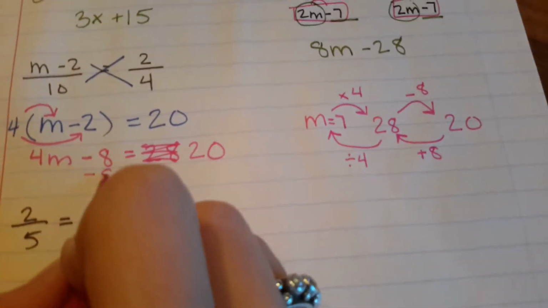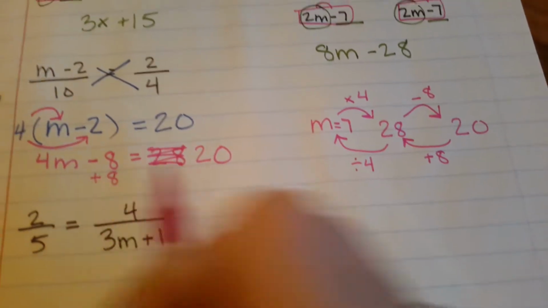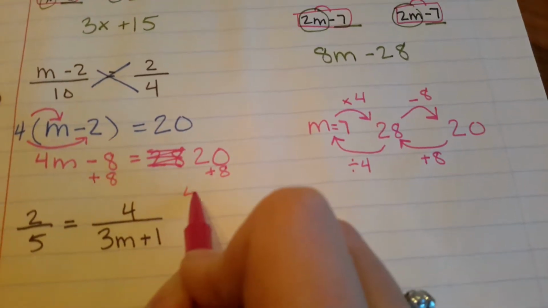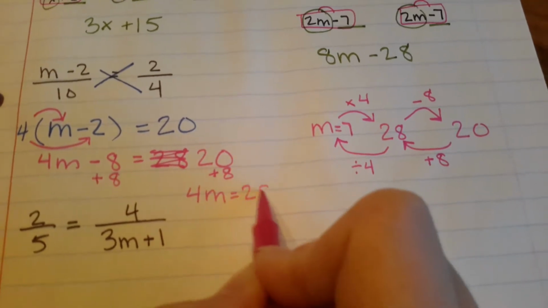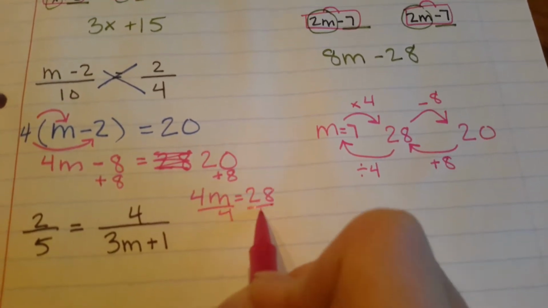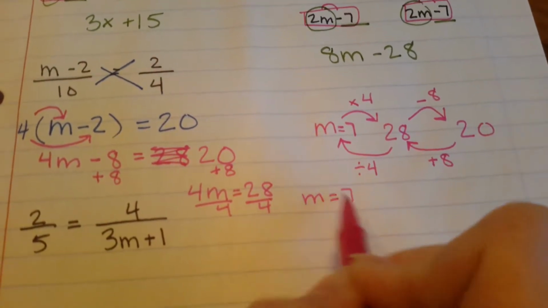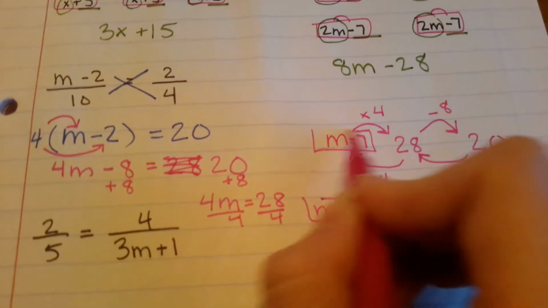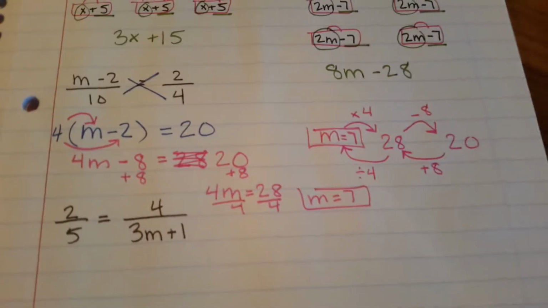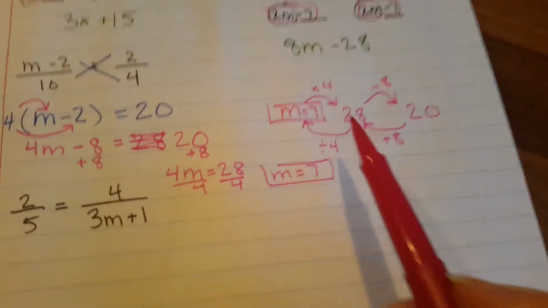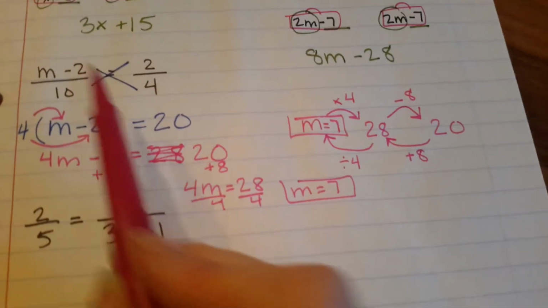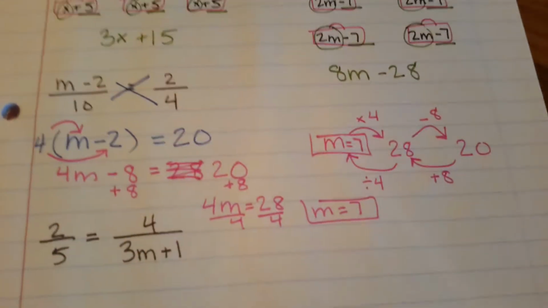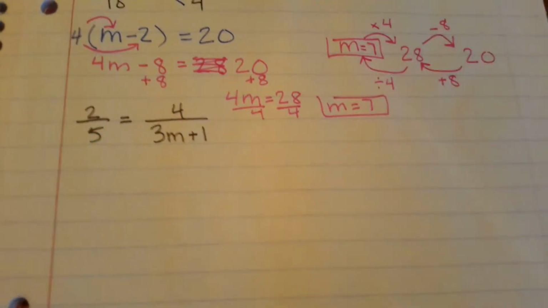We can also add 8. Add 8. 4m equals 28. And then divide by 4. M equals 7. And most of us didn't have trouble here, we just distributed wrong. So let's try one more.